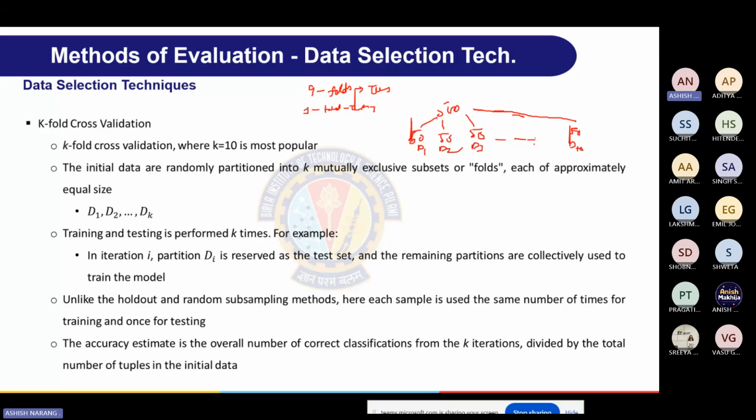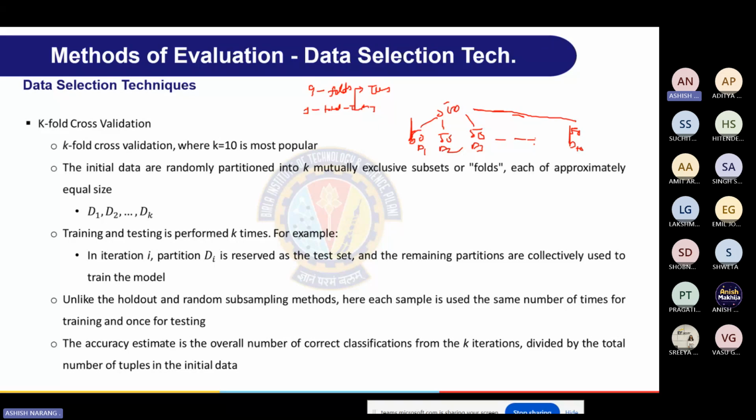So I'm going to train my model multiple times and there will be different accuracies that I will achieve, right? Then I take the average accuracy of the model, and this is more reliable because every data point is going to get a chance to become the test data. First time the last 100, then the second last 100 records, then the third last 100 records are test data, and so on.